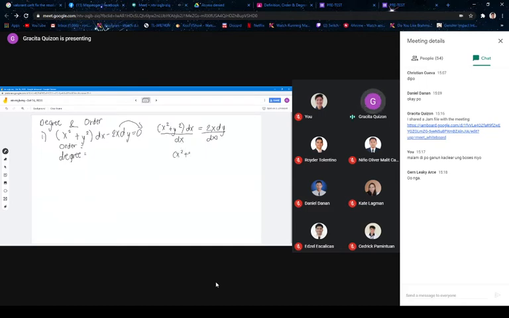So, x squared plus y squared is equal to 2x dy over dx. Sa example natin, ano yung pinakamataas na derivative? 1, kasi first derivative of y with respect to x. So, yun yung order natin.